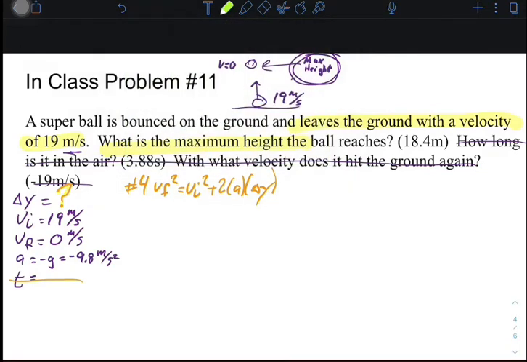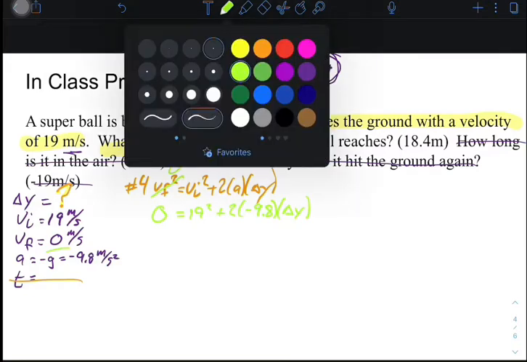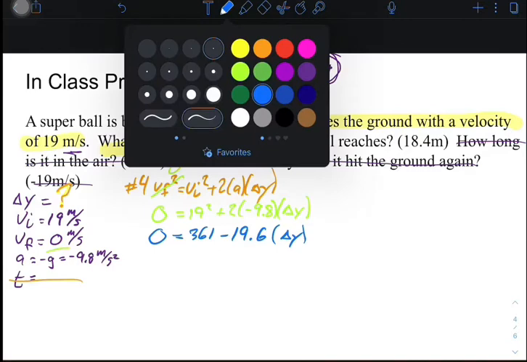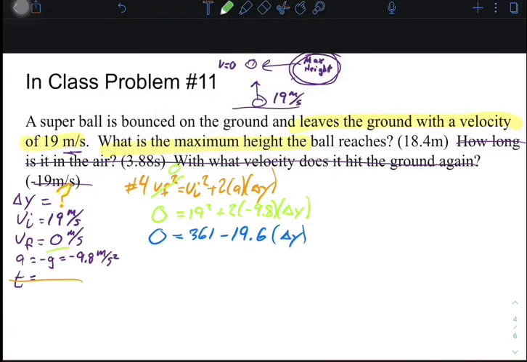Okay, so now we're plugging in numbers. My final velocity is 0, so 0 squared is 0. 0 is equal to 19 squared plus 2 times negative 9.8 times delta Y. 19 squared is 361. 2 times negative 9.8 is negative 19.6 times delta Y. Now we're going to subtract 361 from both sides.